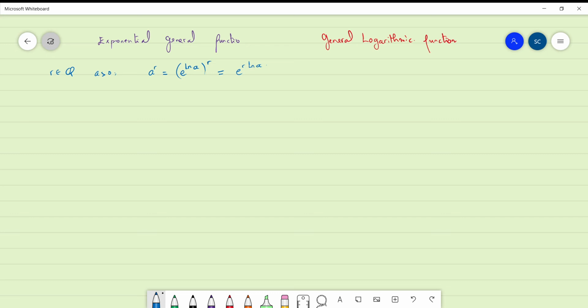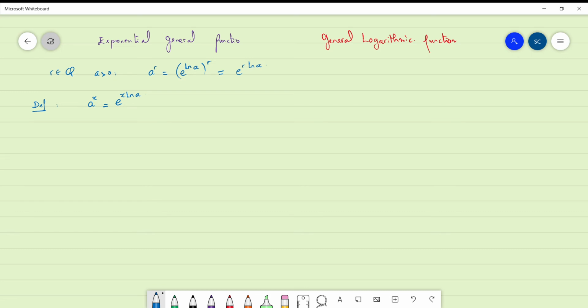So we extend this definition to real numbers, and define the general exponential function like that. a^x is defined as the exponential of x ln a.